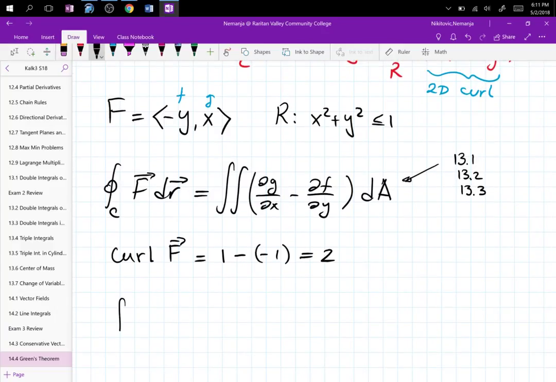Now I need to set up a double integral of 2 dA. So what should I use? Well, common sense should tell me that I should use polar coordinates for this one because I'm integrating over the disk. You don't want the square root of 1 minus x squared in your limits of integration and then cranking trig sub forever.